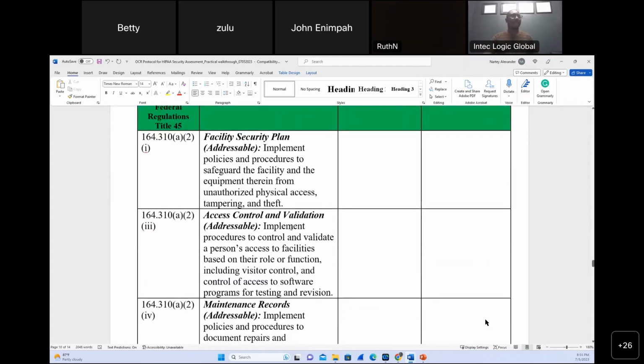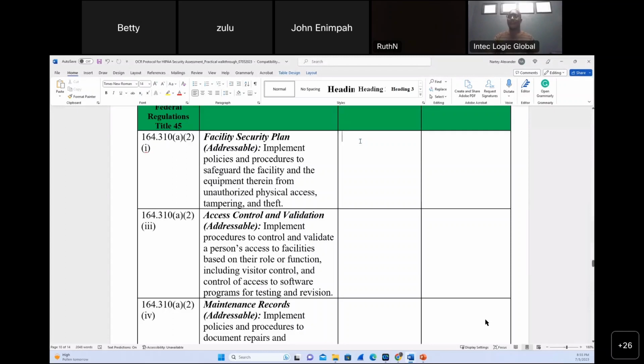Good. Now, facility security plan. Implement policies and procedures to safeguard the facility and the equipment therein from unauthorized physical access, tampering, and theft, right? So what policy or document can we see this? Yeah, Zulu.